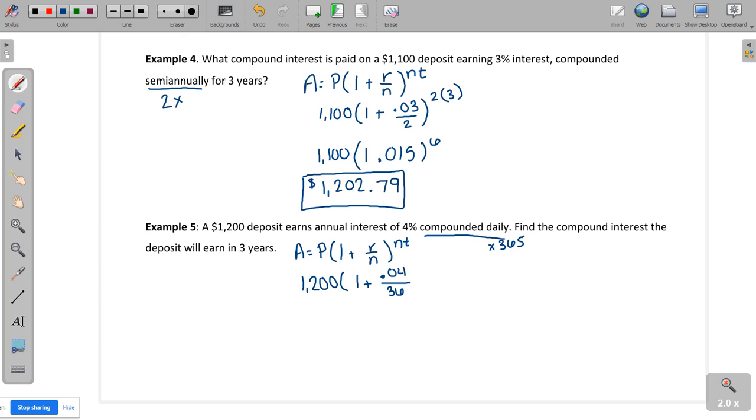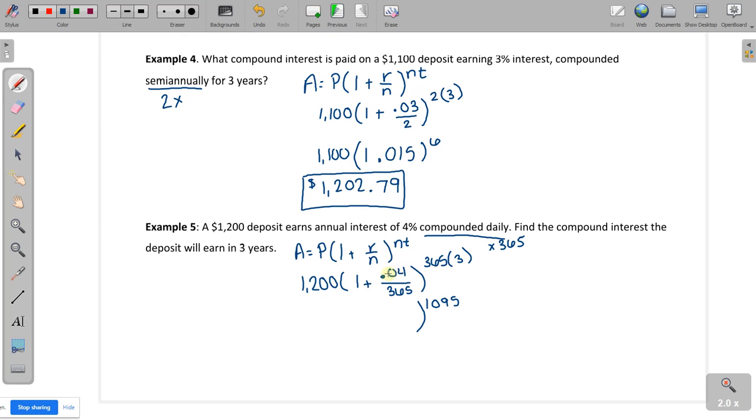So we're going to divide it by 365 and raise it to the 365 times t. T is years, and we have 3 years. So we need to calculate 365 times 3. That's going to give us 1,095.